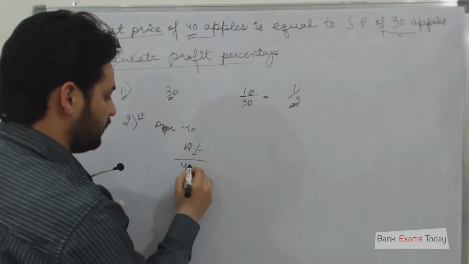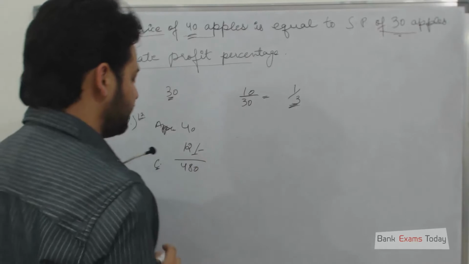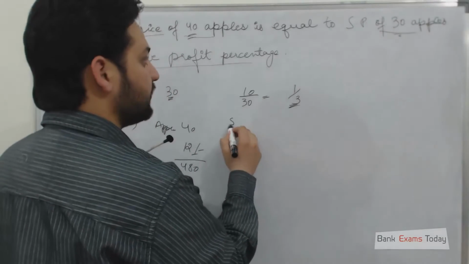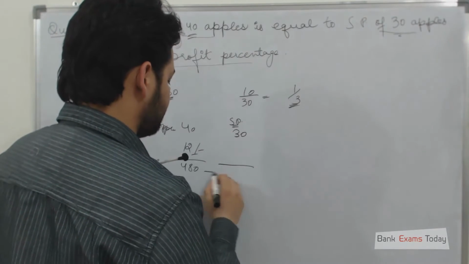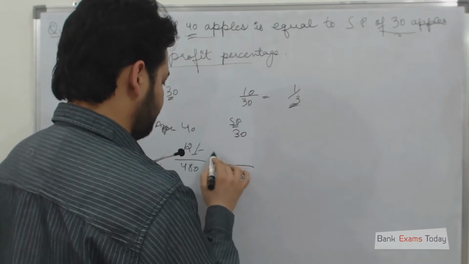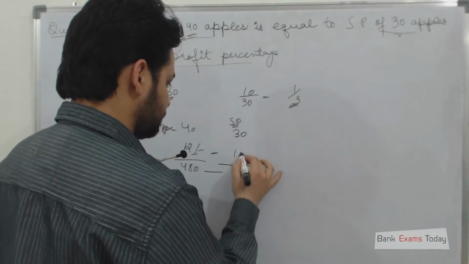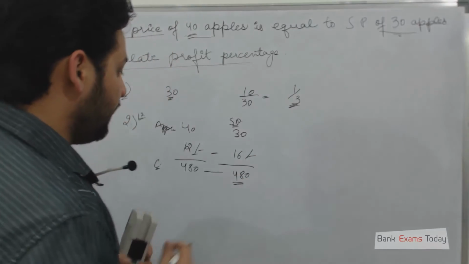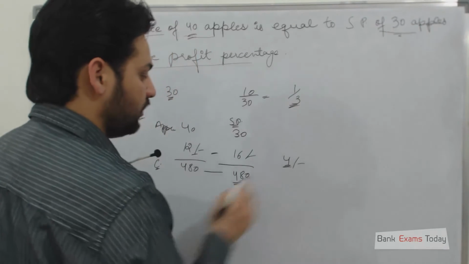So the cost of 40 apples is 480. Selling price of 30 apples is the same as the cost price. So what will be the per unit selling price? It will become 16 rupees. So here he saves 4 rupees per apple.